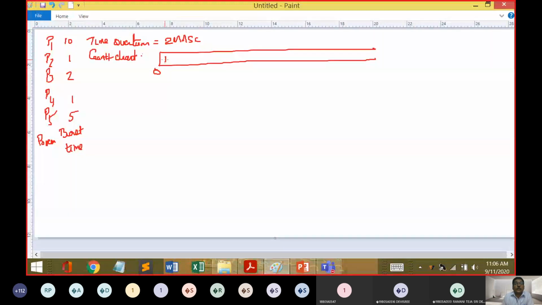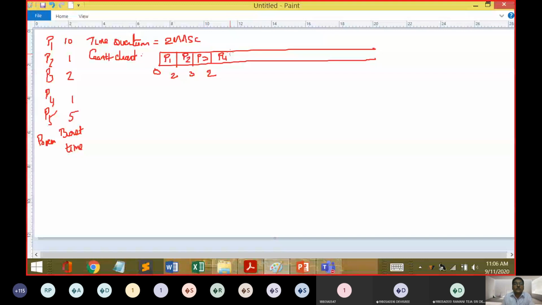P1 is going to occupy 2 milliseconds. Later on P2, as its burst is less than the time quantum, it is going to have only 1 millisecond. It is done. P3, the time quantum and its burst time are the same. P4 is less than the time quantum.